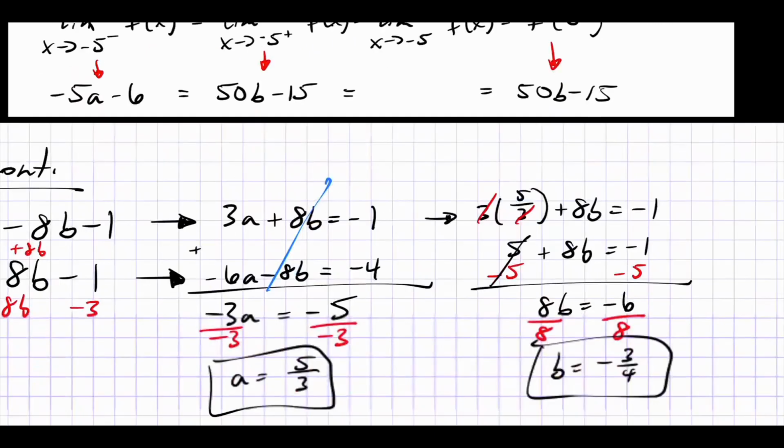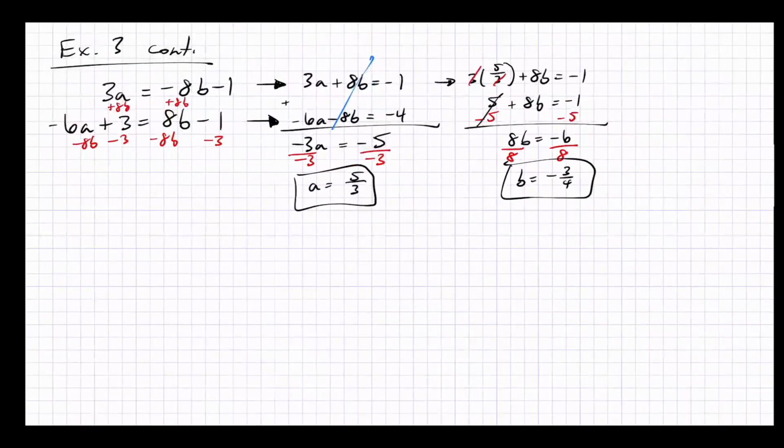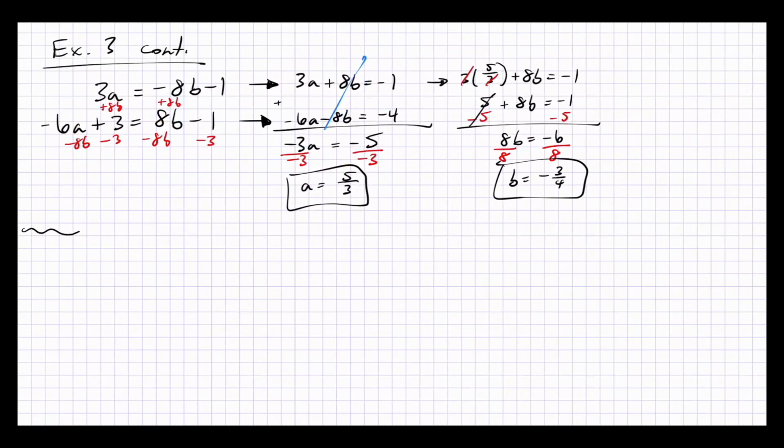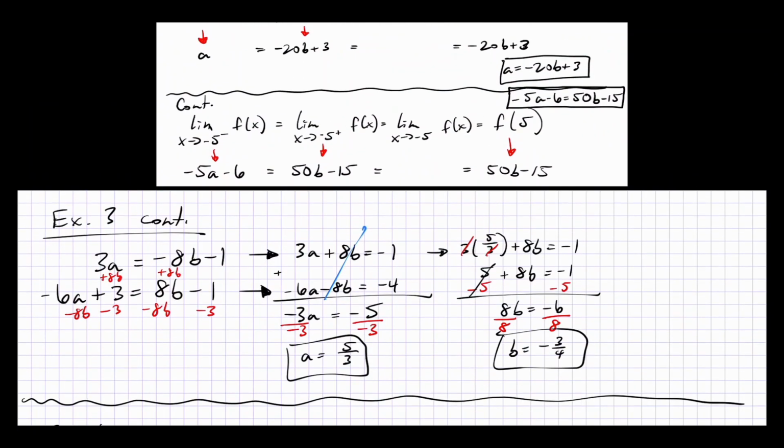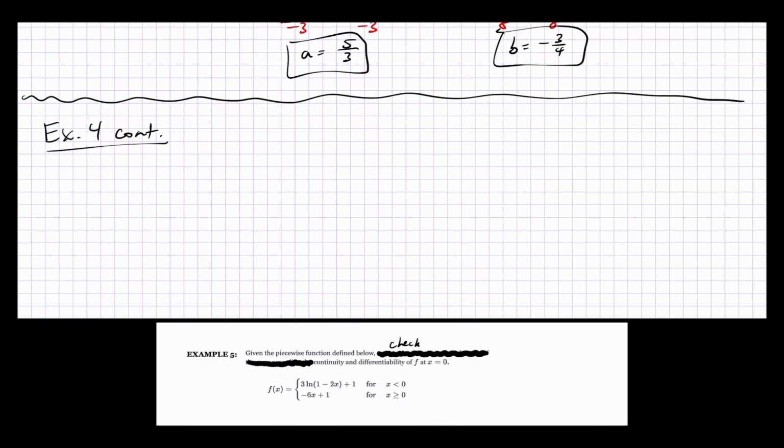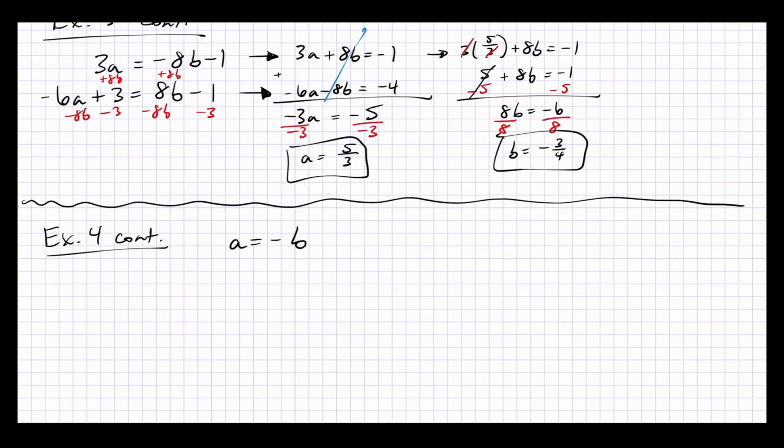Okay, so let me continue. Let me get some more room here. Okay, so the first one is A equals negative 20B plus 3.